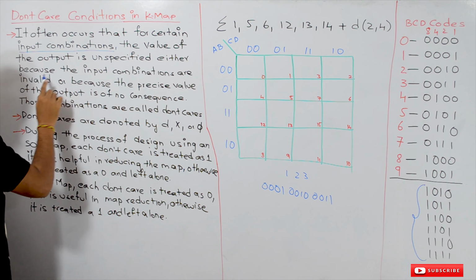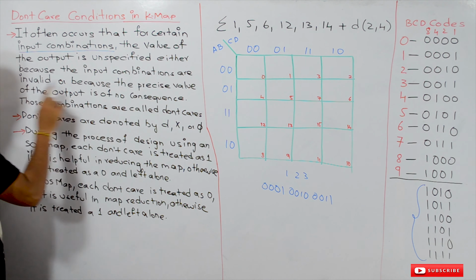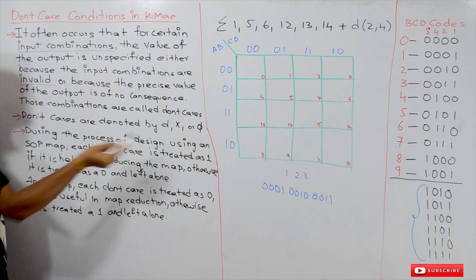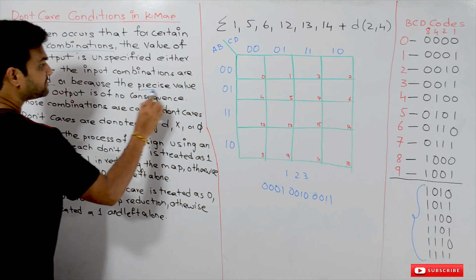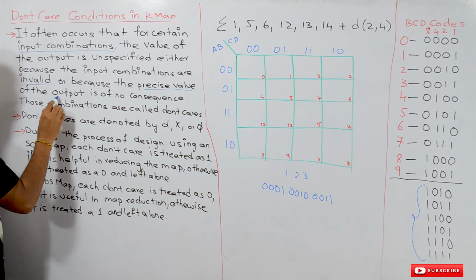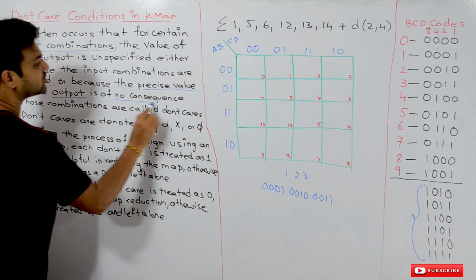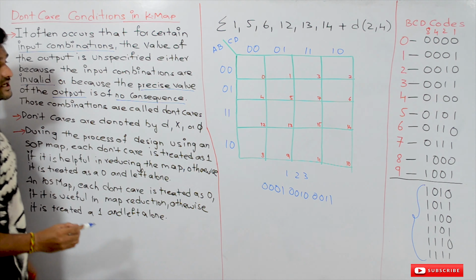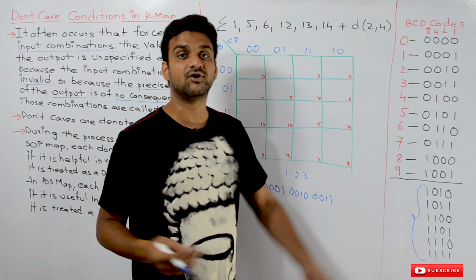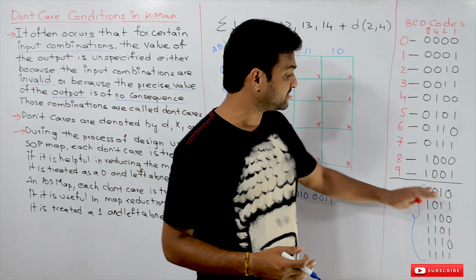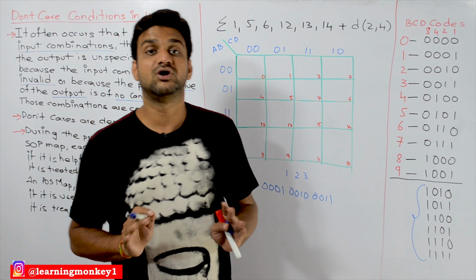This is because the input combinations are invalid, or because the precise value of the output is of no consequence. So it may be because the value of those inputs is invalid, or the output that we are going to get from these inputs is of no consequence.